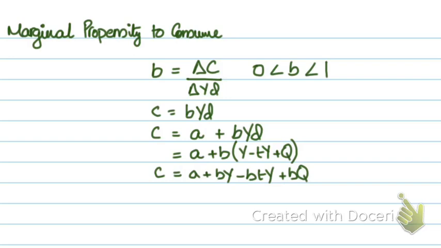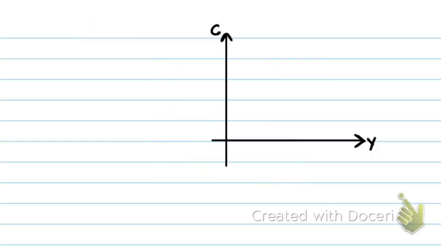So now we'll sketch the consumption function against equilibrium income. Alright, so on the x-axis I have equilibrium income, on the y-axis I have consumption, and I said that C equals A plus BY minus BTY plus BQ.